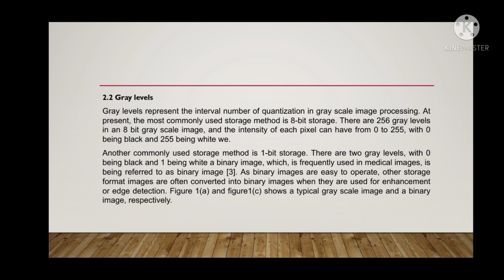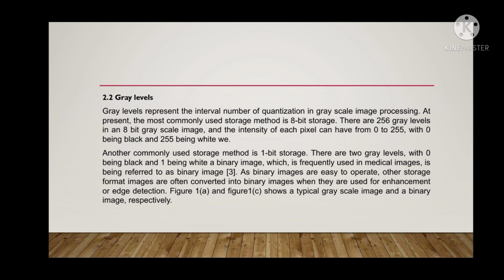At present, the most commonly used storage method is 8-bit storage. There are 256 gray labels in an 8-bit grayscale image, and the intensity of each pixel can range from 0 to 255, with 0 being black and 255 being white.